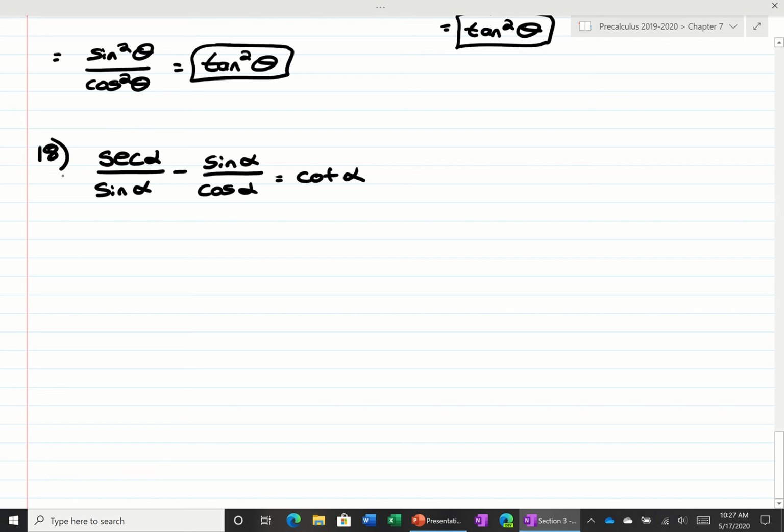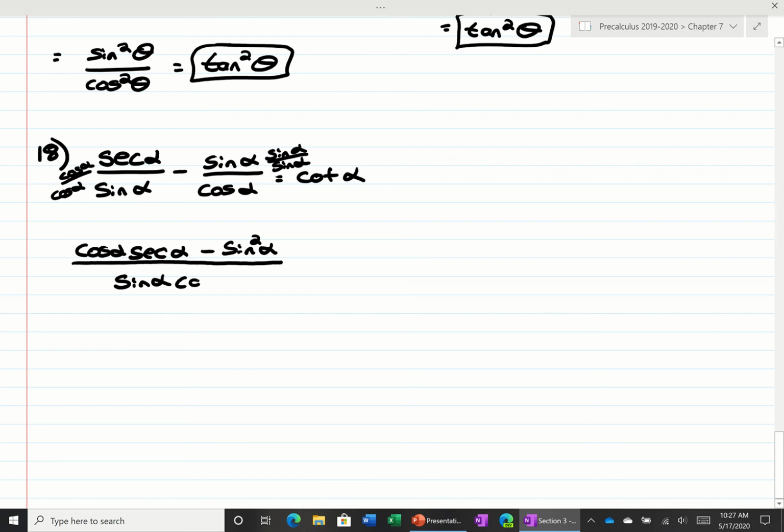It might be a good idea just to get a common denominator right away. I'm going to multiply both top and bottom by cosine of theta here to get sine cosine. And I'm going to multiply both top and bottom here by sine over sine to get sine cosine on the denominator. So we wind up getting cosine of alpha times the secant of alpha minus sine of alpha squared all over the common denominator, sine cosine.